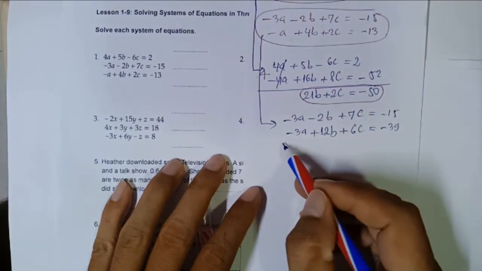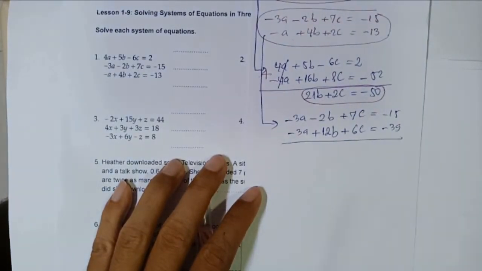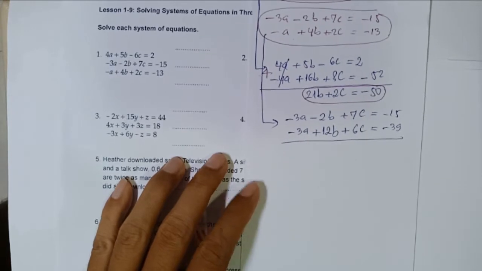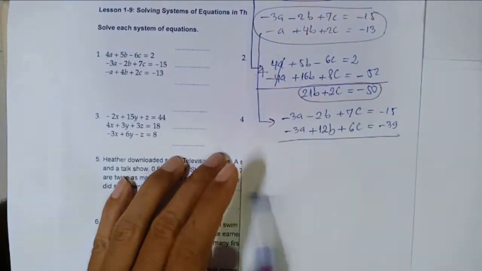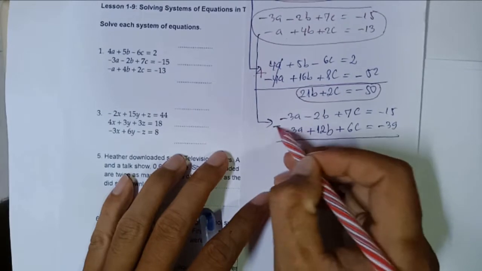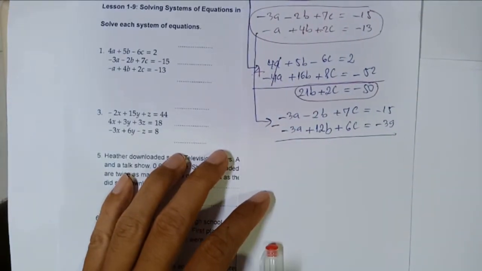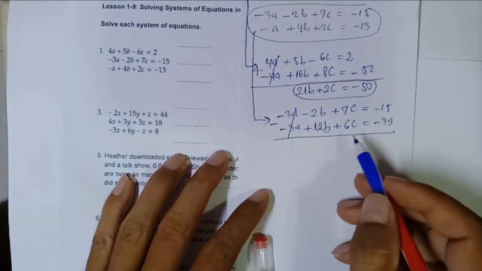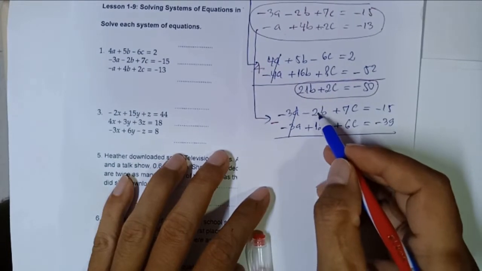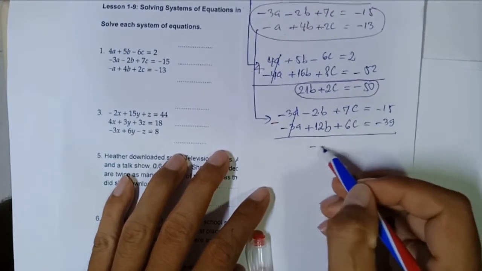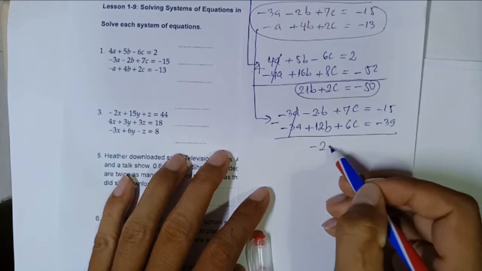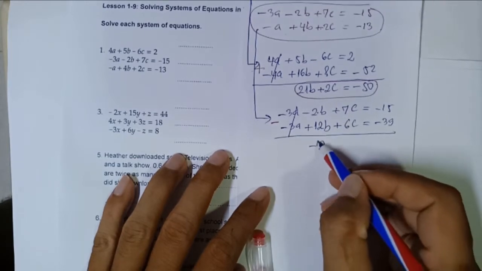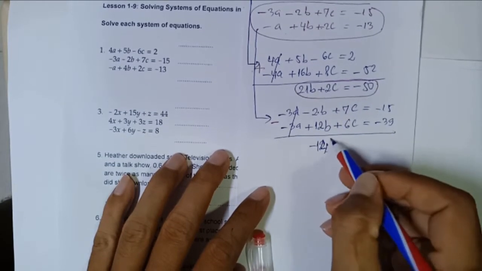After that, you eliminate this one as well. So in the middle, minus 2 minus 12, minus 14B.